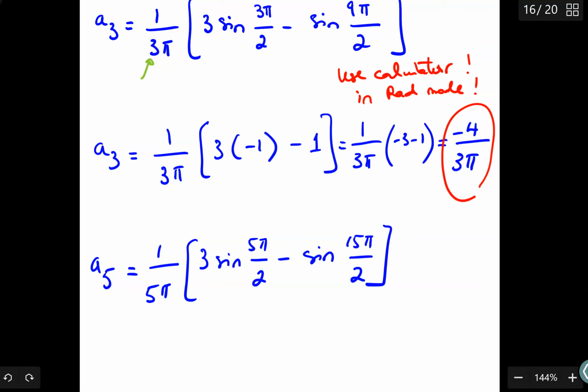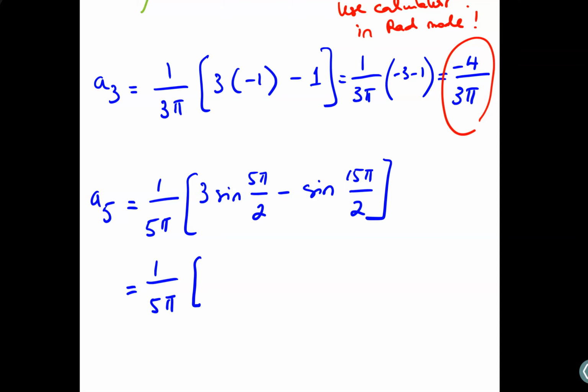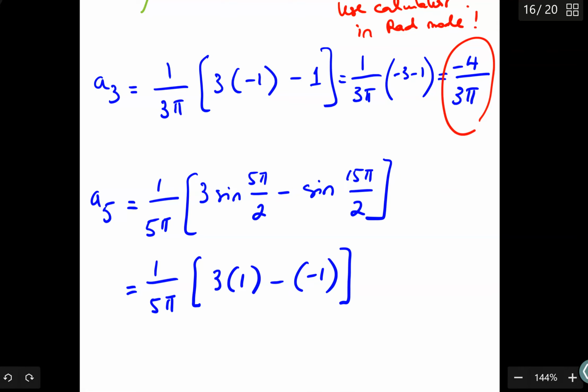Again, I ask everyone to use your calculator. We should have 1 over 5 pi. Inside the bracket, I should have 1, and I should have minus 1. So in this case, I should get 1 over 5 pi, and inside the bracket I should have 3 plus 1. So I should have 4 over 5 pi.